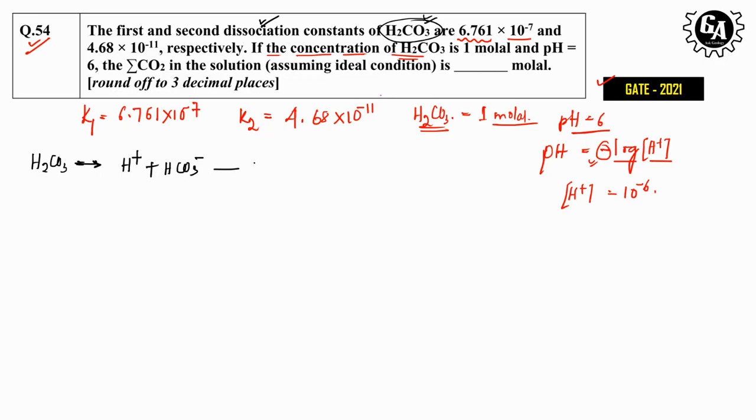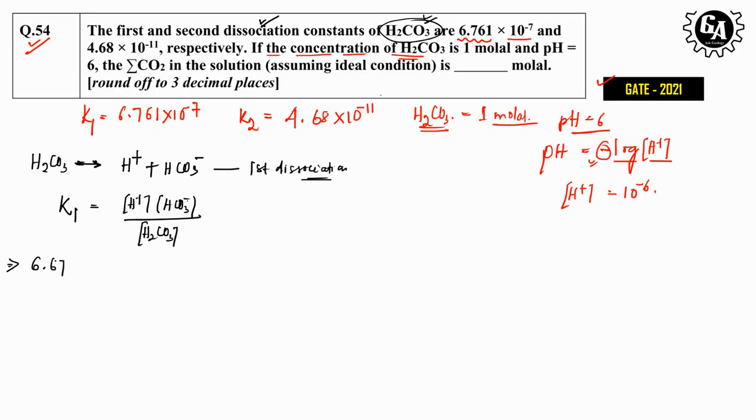This is the first dissociation. For the first dissociation, the dissociation constant will be H plus concentration into HCO3 minus concentration divided by H2CO3 concentration.